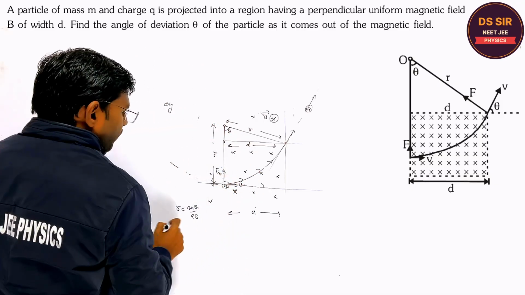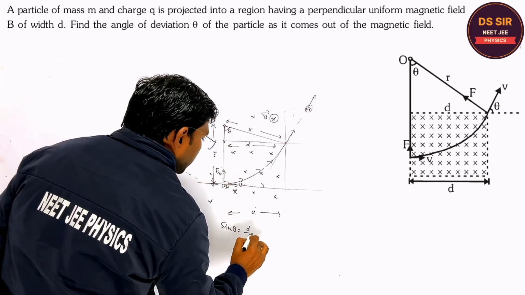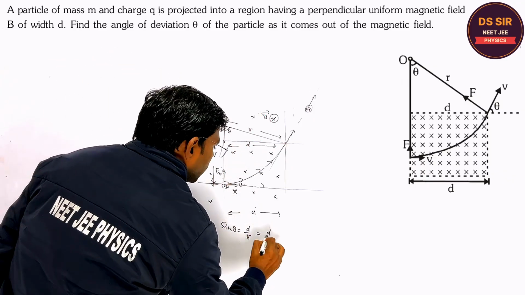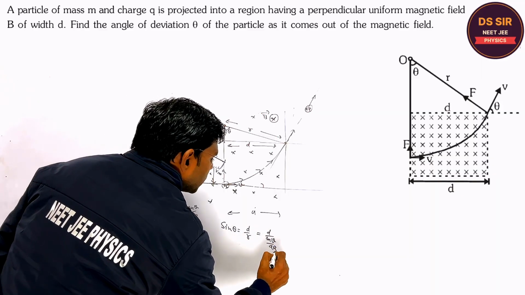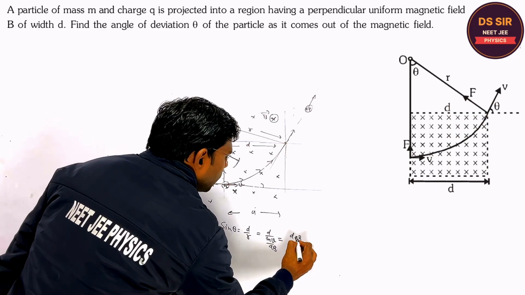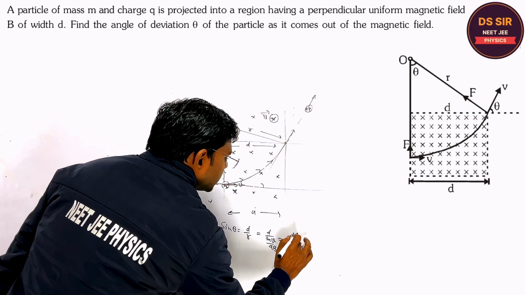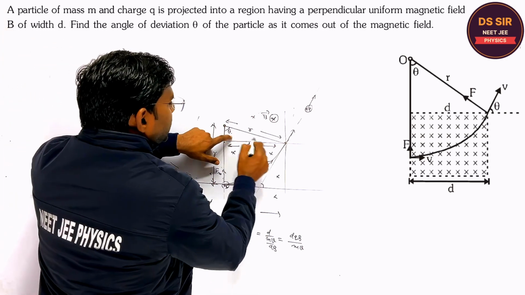What is sine theta from here? Sine theta is nothing but perpendicular upon radius, that is d upon r. And the radius is mv upon qb, so sine theta is d into qb upon mv. Is it clear or not? Yes. Now if it is theta, it is what?